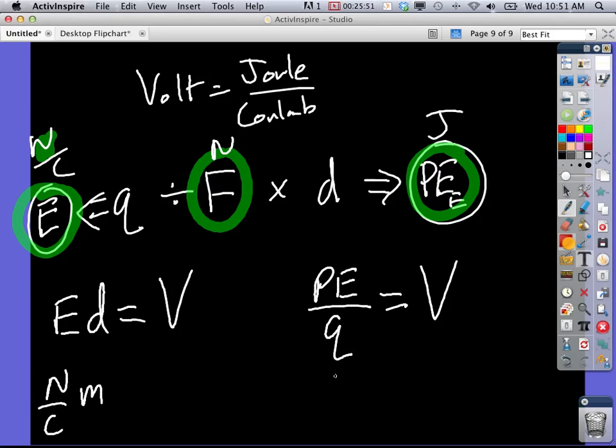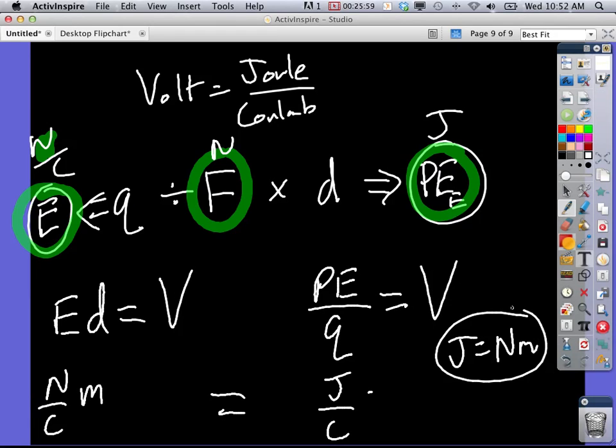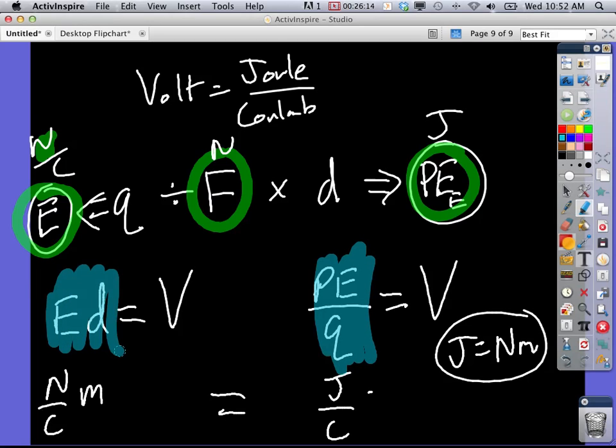This over here becomes joules per coulomb. But a joule is a newton meter. They match. So there are two ways to get voltage: by taking the potential energy divided by the charge, or by taking the electric field times the distance.